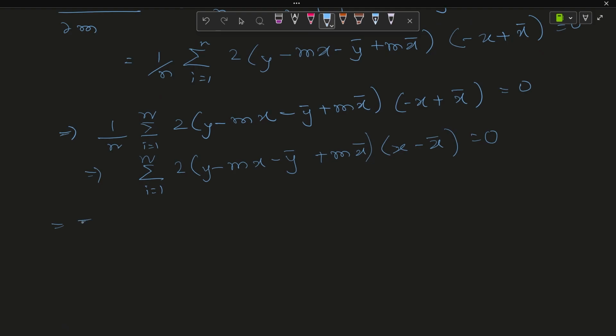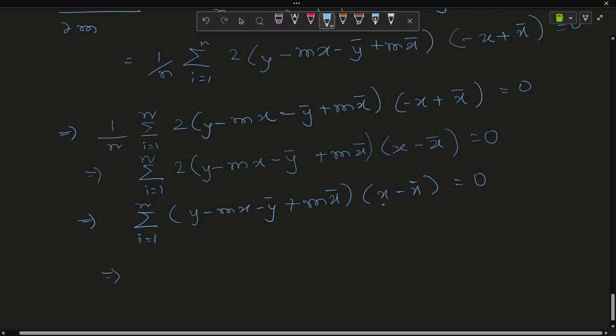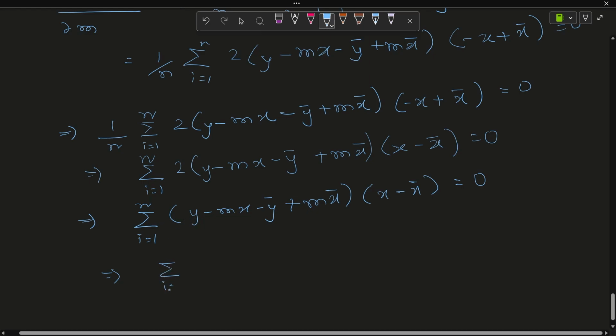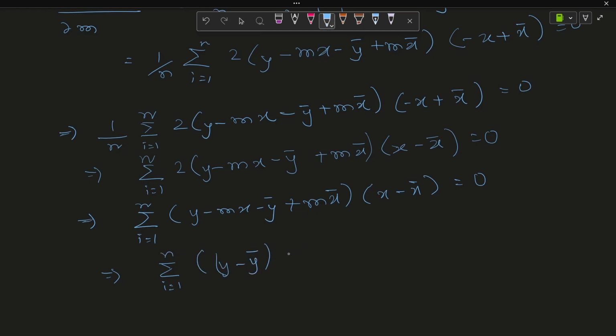and then what you can do, you can take 2 to the right hand side also, and then you can simplify things much more again, like let us take common now. Okay, so we will be taking common right away, and here we can take minus m, right.